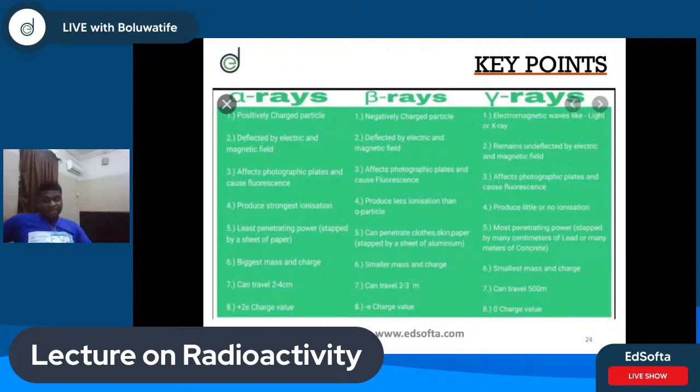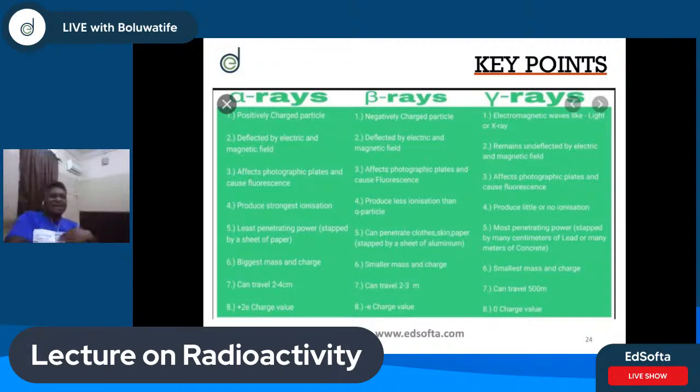Because alpha gets positively charged, it has a tendency to give ions better than a beta ray. A beta ray, being negatively charged, is not likely to give out its electron. Then because gamma rays are not charged, they are not really bothered about ionization. They produce little or no ionization.